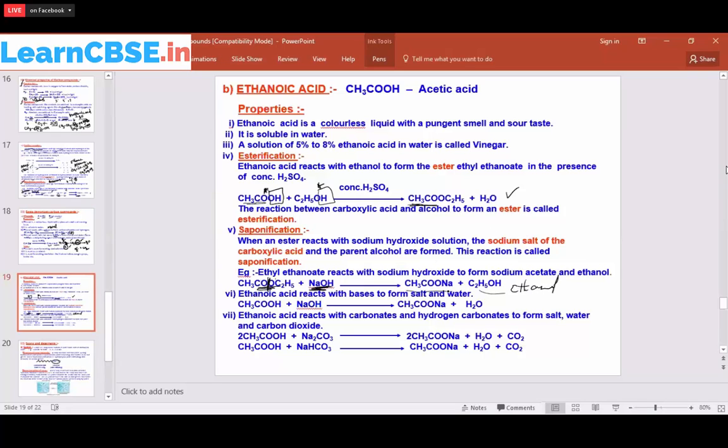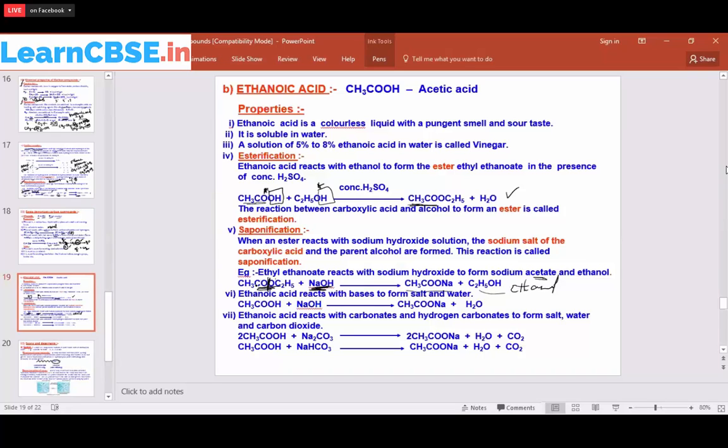In the place of the Na, if you have hydrogen, then we call it an acid. COOH is the acid. But here the sodium is there, so we say sodium acetate or sodium ethanoate. Both are the same. Acetate is the common name.